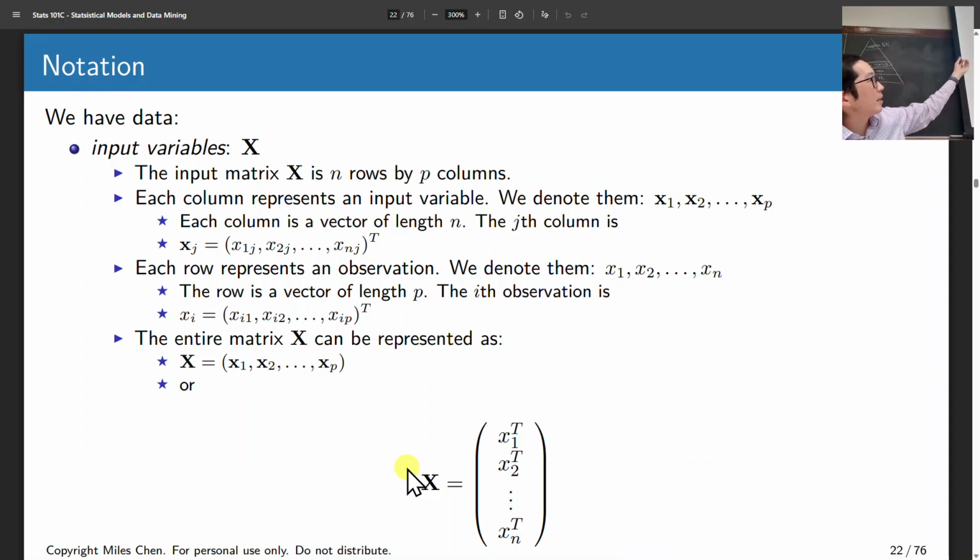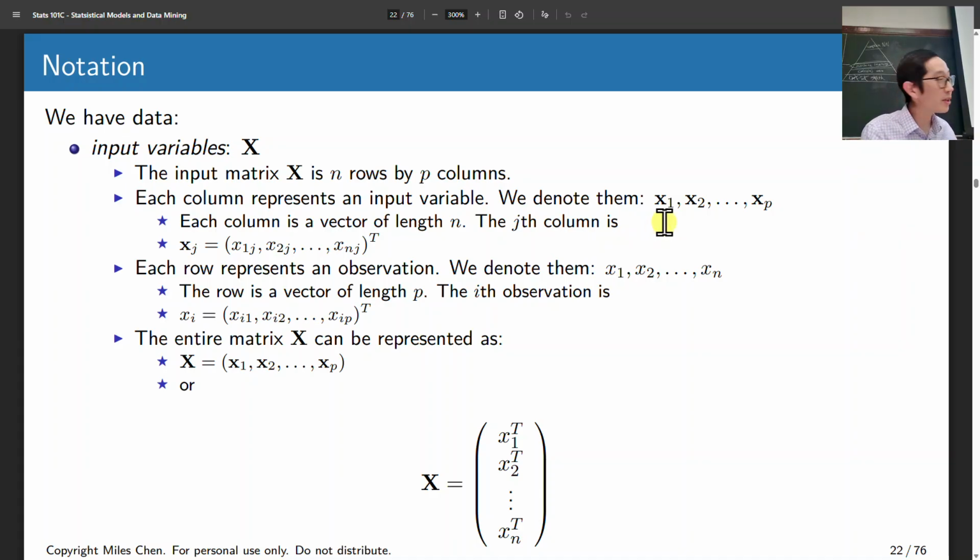And so the notation for how we do all of this is we have this big matrix X. X gathers all of our input variables. We have n rows and p columns. Each column represents an input variable.